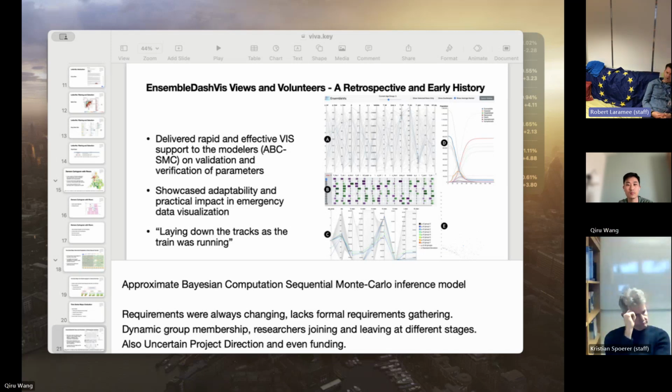A good follow-up question. We have to stop soon anyway, but do you think that the easiest path is always the best path? Is that the hidden message in there? Wait, can you repeat it again? You mentioned that you wouldn't suggest data visualization because it's too difficult. Is that suggesting that the easiest path is the best path? Not really. I guess it really depends on what opportunities you have.